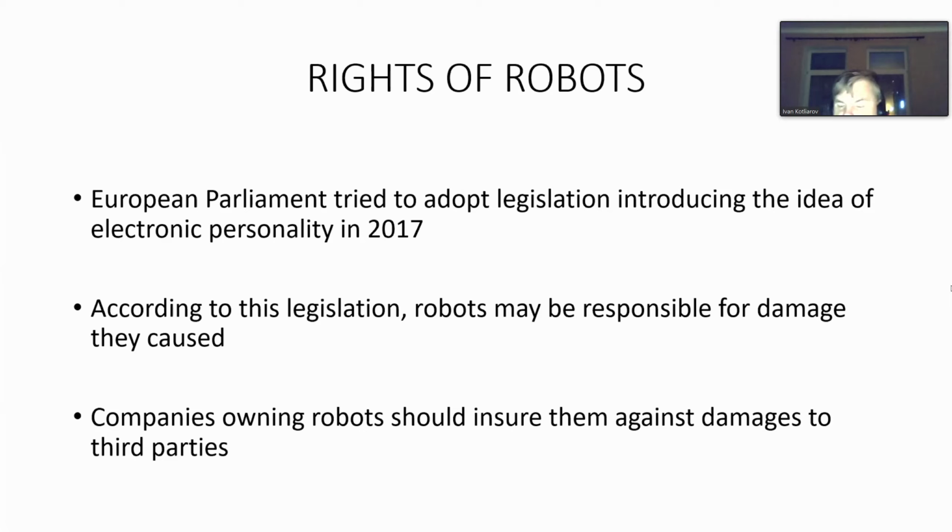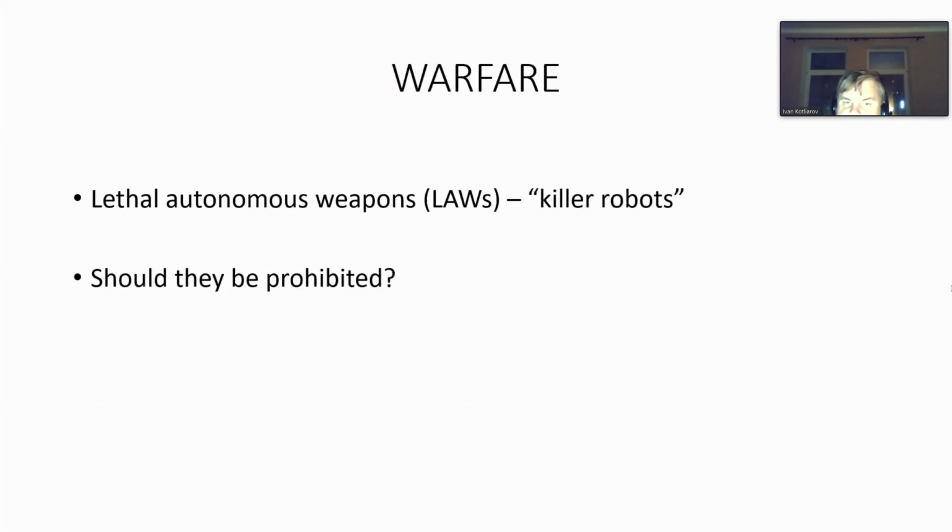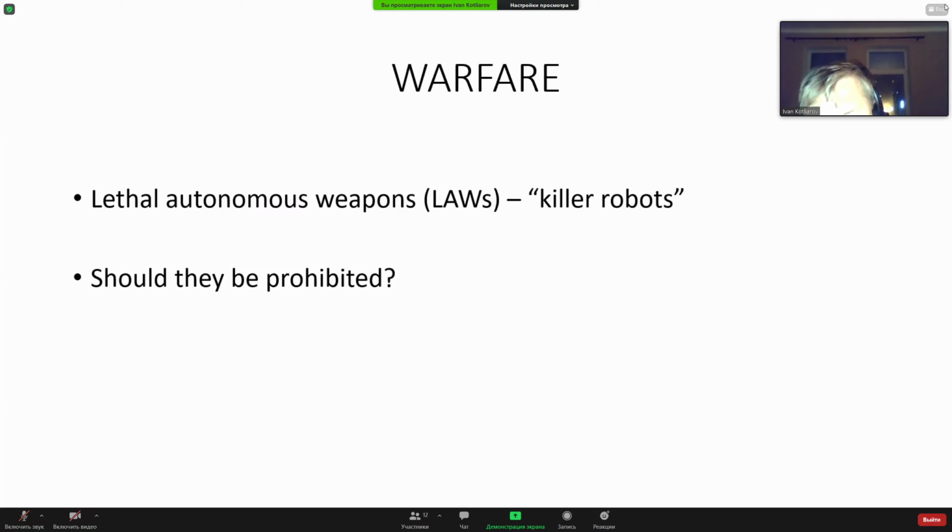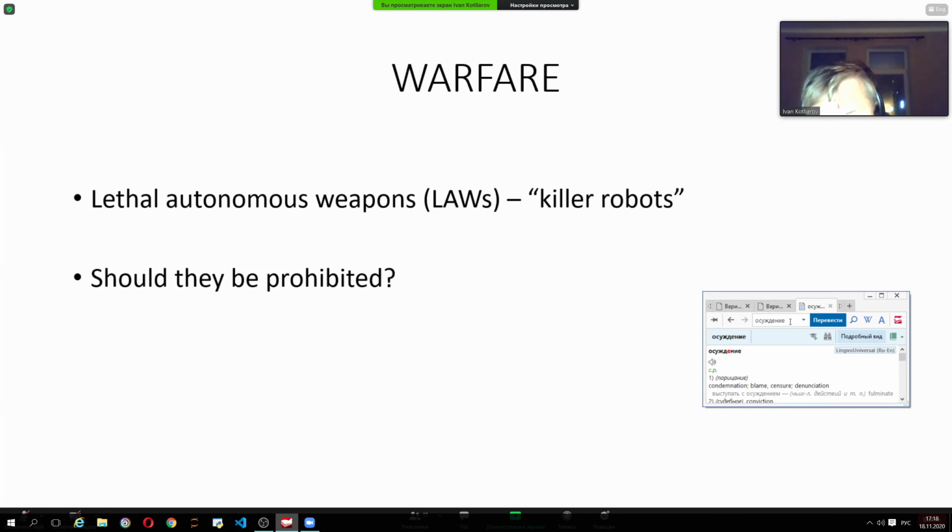Okay. And here we arrive at the last point of our lecture. Ladies and gentlemen, probably the most complicated issue, the issue of lethal autonomous weapons, killer robots, robot weapons. Should they be prohibited or should they be allowed to exist? In this case, what is it?